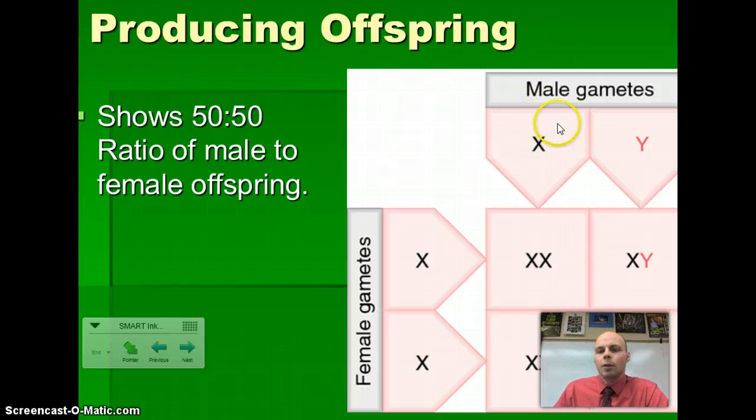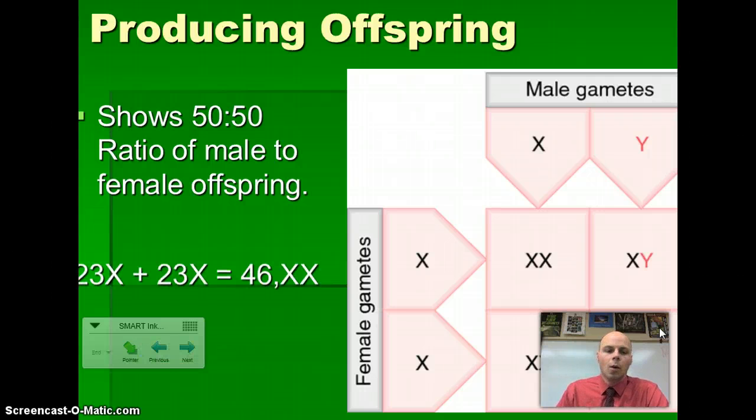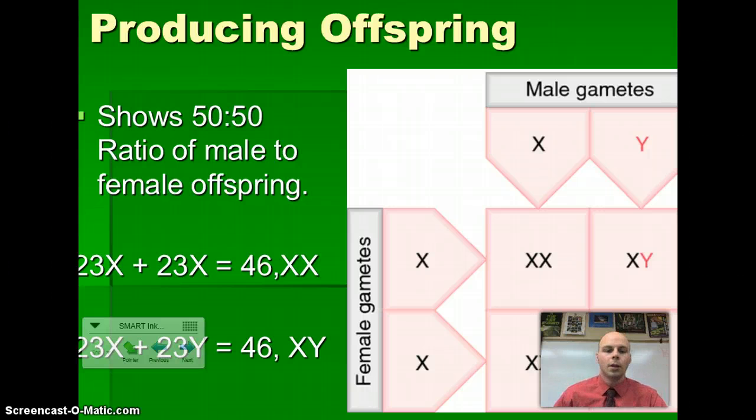Males have either an X or a Y. With our Punnett square, we can see that this is how we get a 50-50 ratio of male to female when individuals are born. So there we get our 23X plus 23X giving us 46XX, and then 23X plus a 23Y chromosome gives us our 46XY for the male.